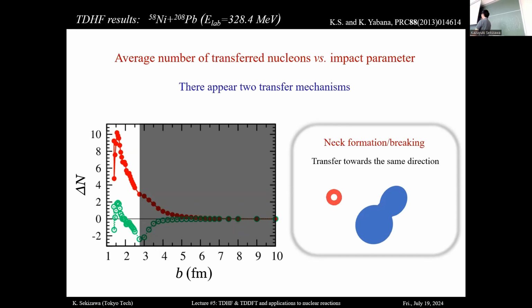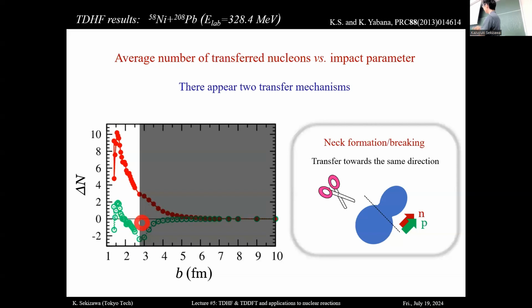After neck formation, the shape is changing, and when the two nuclei split into two, neutrons and protons around the neck region are transferred or absorbed to the lighter fragment. So the neck formation and breaking dynamics provide transfer of neutrons and protons in the same direction. That explains this behavior.